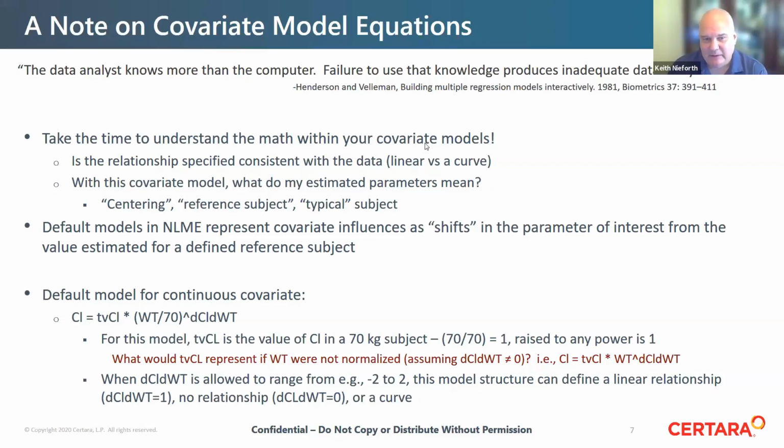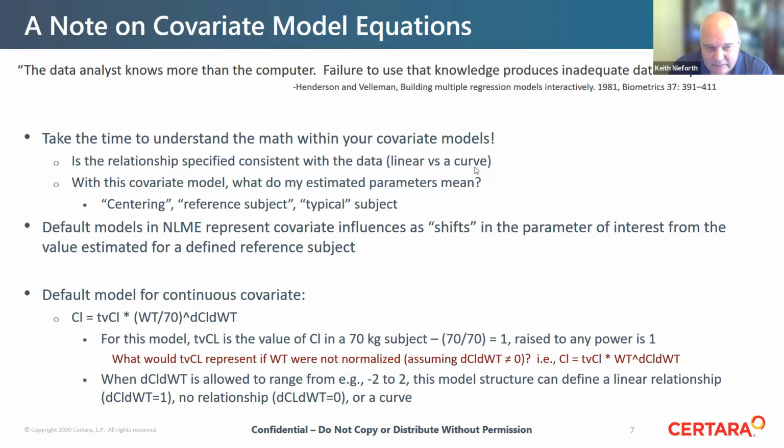So it's very tempting when using data modeling tools to hit the go button and then just look at your results, right? And what I want to point to is that you should take the time to understand the math within your covariate models. By that, I mean, is the relationship that you're specifying with that model consistent with the data? Just like with the residual error terms, some of these covariate models specify a linear relationship.